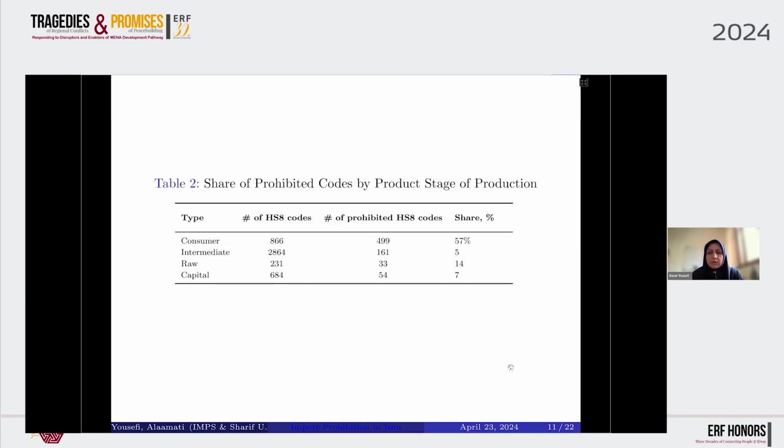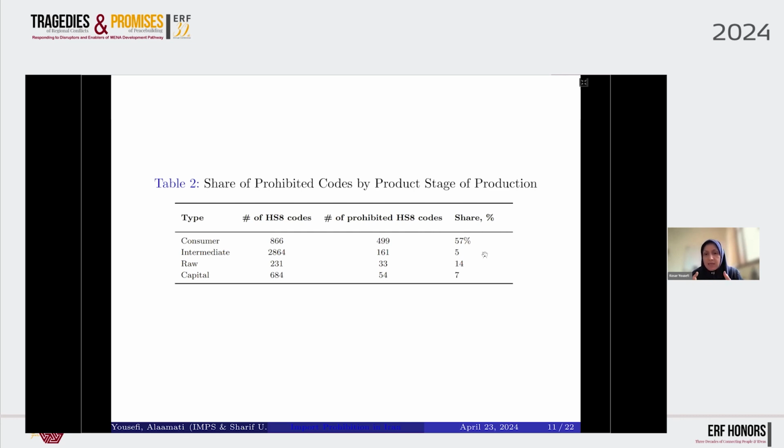And if we look more carefully at the products that are prohibited and check which portion of them are consumer products, which portion are intermediates, raw, and capital, we observe that most of the products that are prohibited are among consumer products, more than 50%.